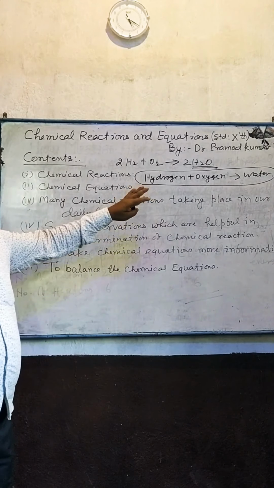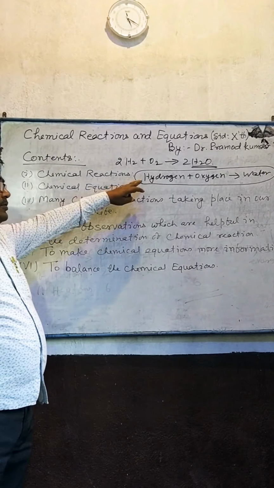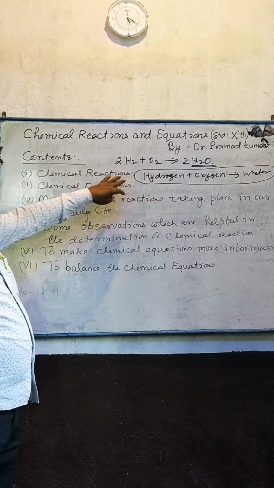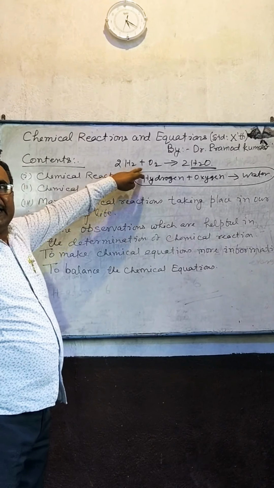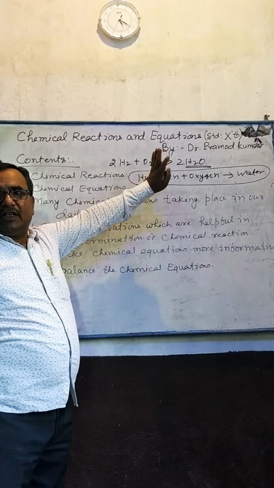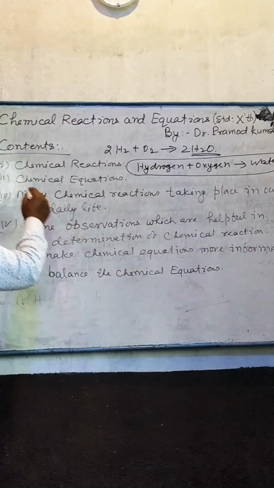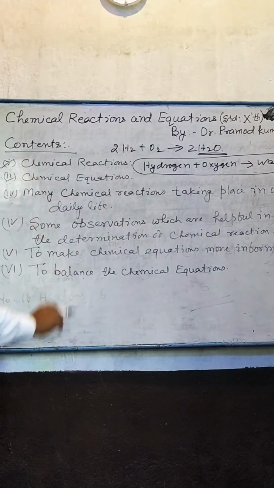If this chemical reaction is expressed in formula and symbols, that is known as a chemical equation. So we have defined chemical reactions and chemical equations.